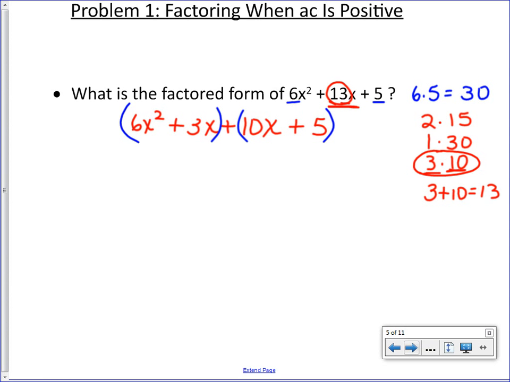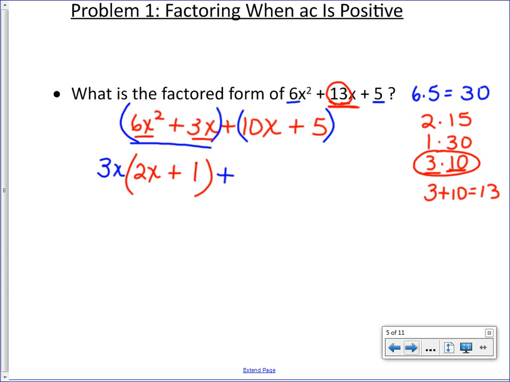Now I want to identify any common factor in each group. So looking first at the 6x squared plus 3x, 6 and 3 have a greatest common factor of 3, and of the x squared and the x, we can pull out an x. So writing what we have left, 3x times 2x would give us the 6x squared, and 3x times 1 would give us the 3x.